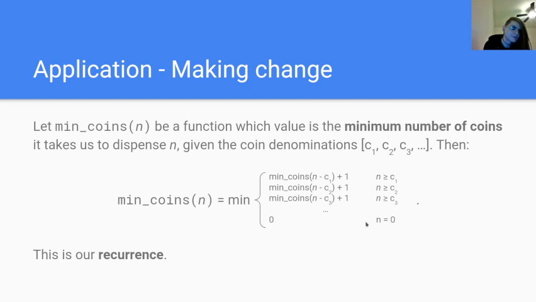All right. And all these other cases only apply when n is greater than or equal to the coin denomination. So we can't use the C1 coin unless there is at least C1 change left to make. We can't dispense a quarter if there's only 12 cents left to dispense.